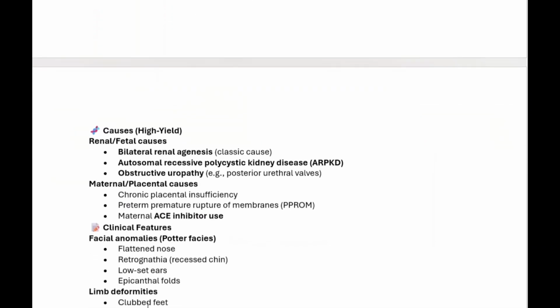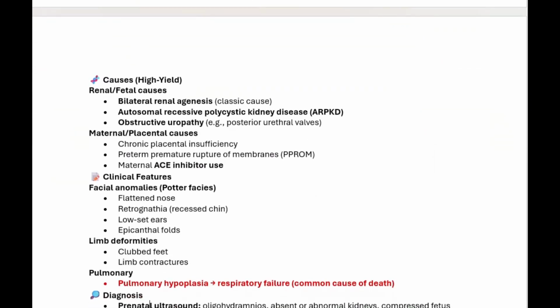And when we look at the things that could cause this, we divided the causes into renal or fetal causes and maternal or placental causes. From the standpoint of the fetus, if the fetus has bilateral renal agenesis, like we mentioned earlier, whereby they have bilateral absence of their kidneys, that could lead to oligohydramnios, and that could lead to Potter sequence.